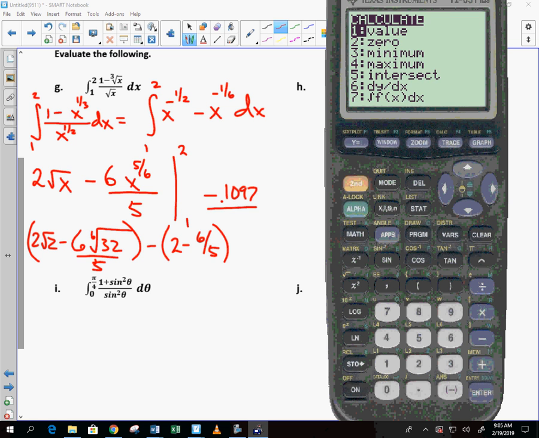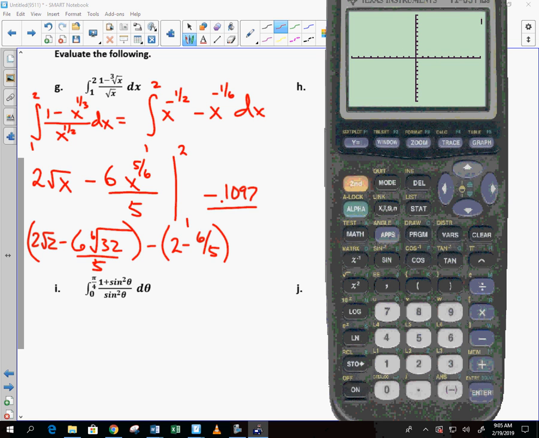All right, calculate number 7. I calculate lower limit 1, upper limit 2. Hey, what do you know?